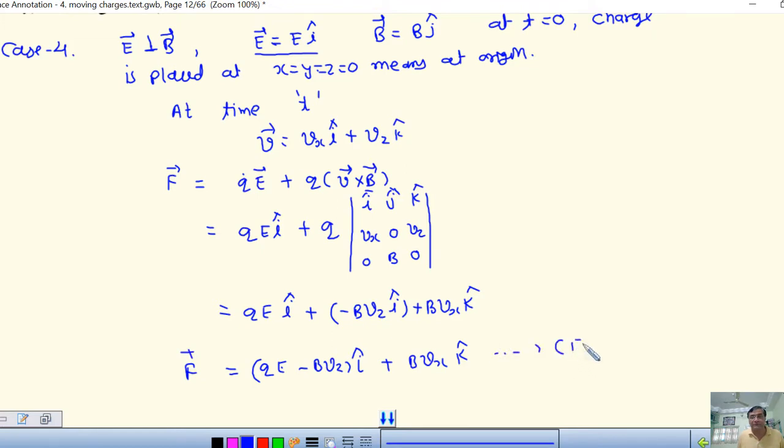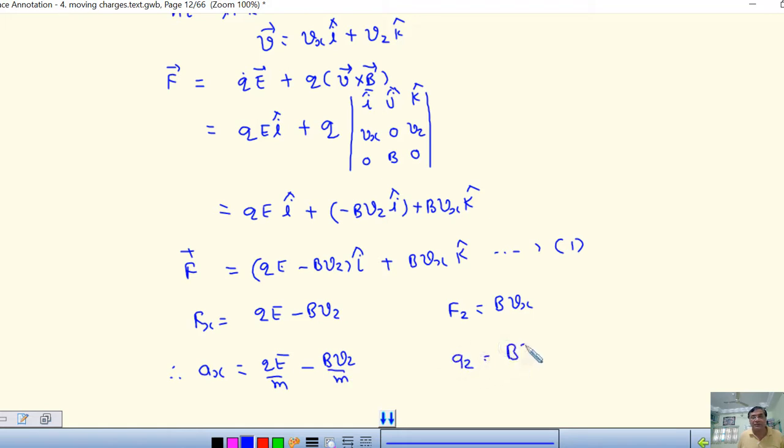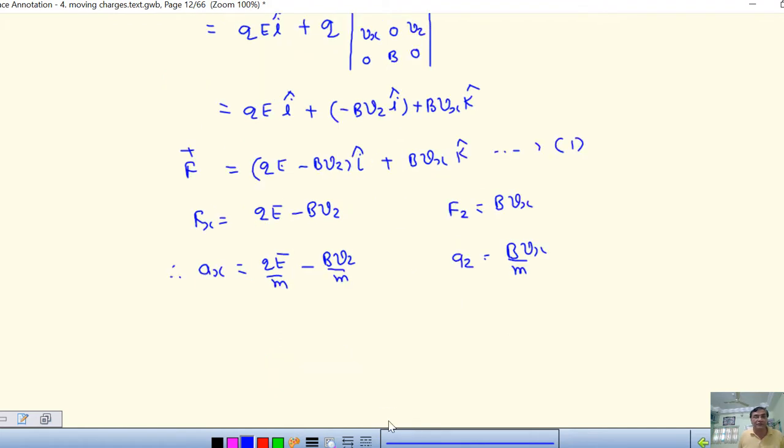Let us call this equation 1. The x component Fx equals QE minus QB Vz, and Fz is QB Vx, and therefore we can write ax is equal to QE upon m minus QB Vz upon m, and az is equal to QB Vx upon m. Our aim is to find out Vx and Vz, and from that the x component as well as the z component of position.